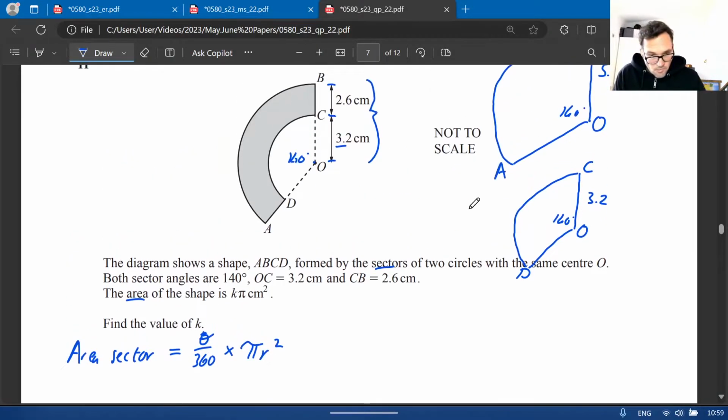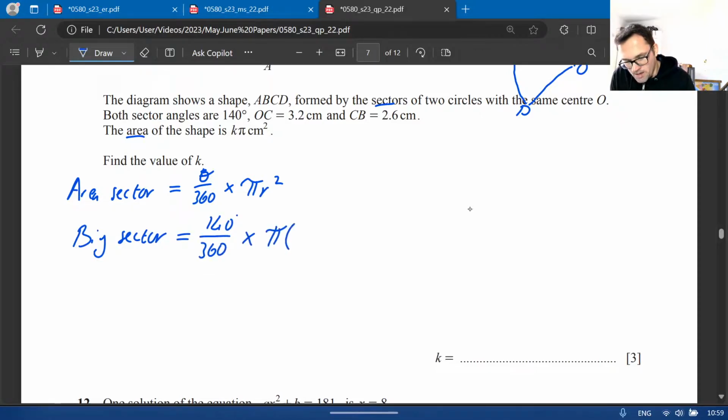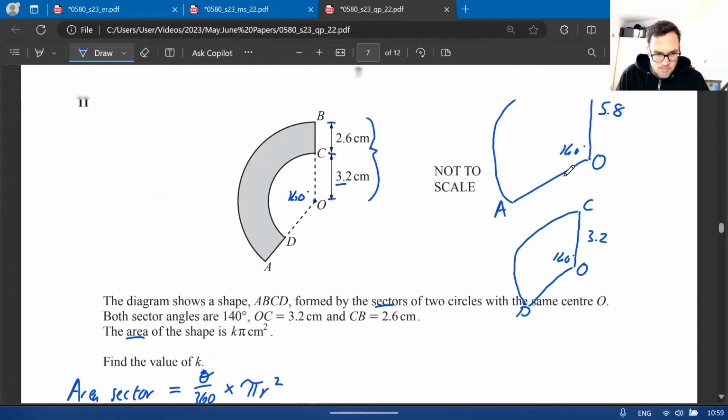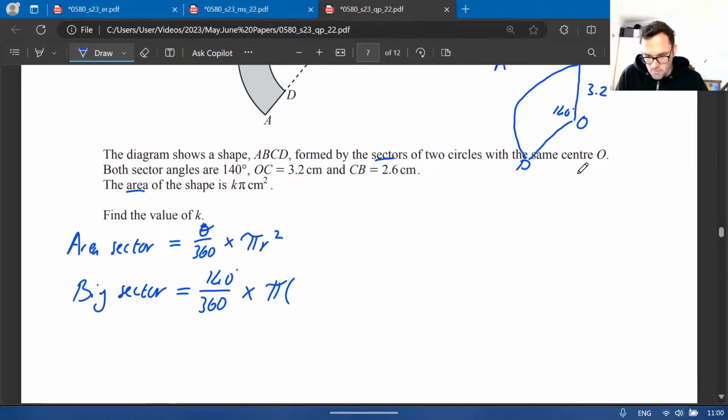So let's do that. Let's do the big sector. Okay. They both have an angle at the center of 140 by the radius of the big one from O to B, 5.8 squared.